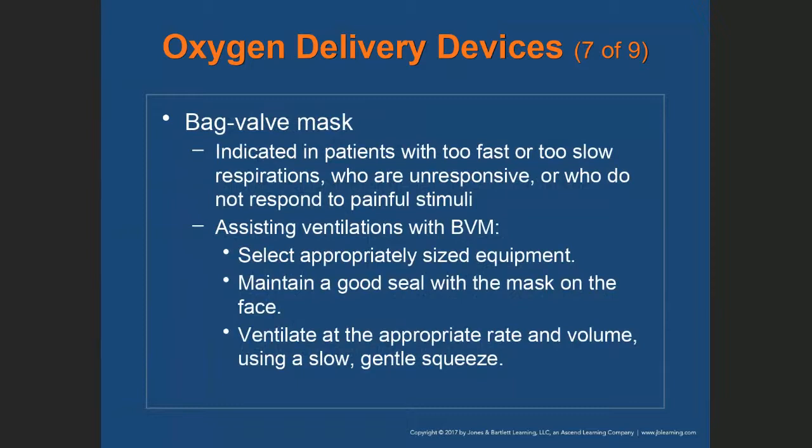Bag valve mask: indicated in patients with too fast or too slow respirations, who are unresponsive or who do not respond to painful stimuli. To assist ventilations with a BVM, select appropriately sized equipment, maintain a good seal of the mask on the face, and ventilate at the appropriate rate and volume using a slow squeeze.